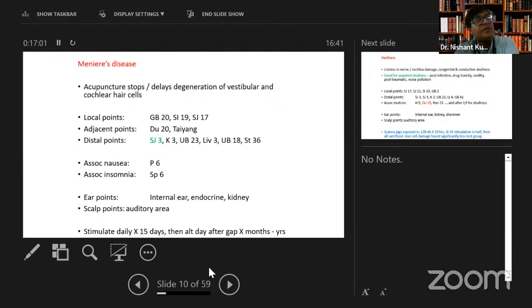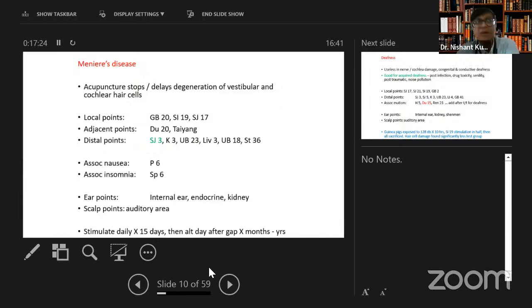But where is Sanjiao 17 and SI19? SI19. Adjacent points are Du20. Distal points are Sanjiao 3, kidney 3, UB23, liver 3, UB18, and stomach 36.